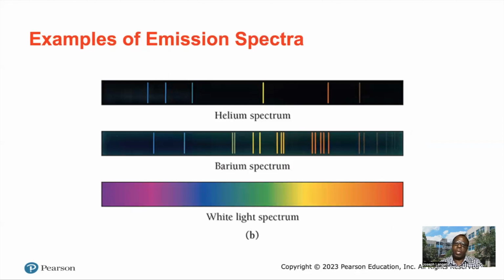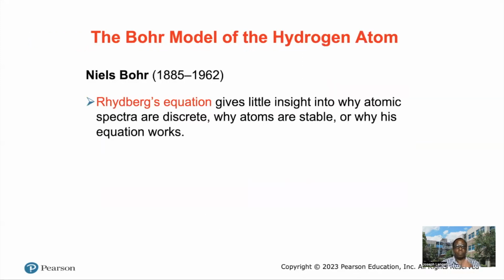It is a 1 electron system, 4 lines. The point, if you look at barium, we have so many lines. The more electrons you have, the more lines you will see for different elements. It's not only limited to helium, barium, and hydrogen. Different elements have their own line spectrum. Compared to white light, which is continuous, not line, so continuous versus line.